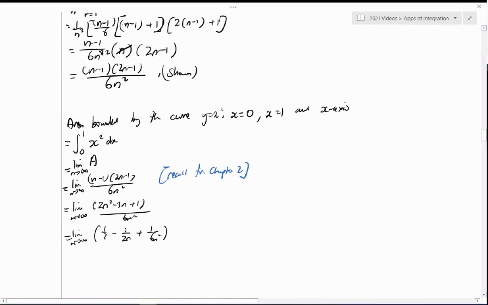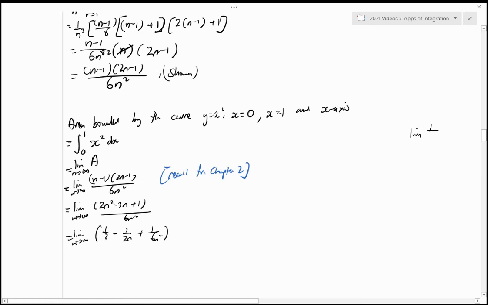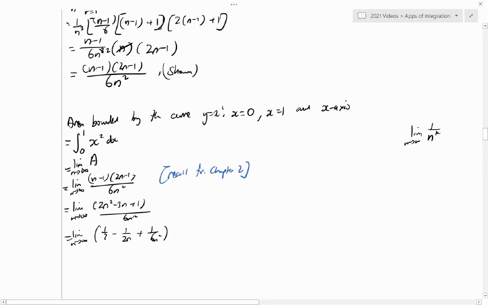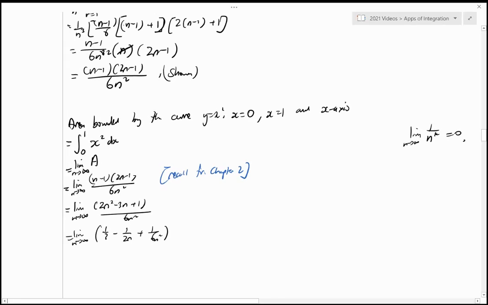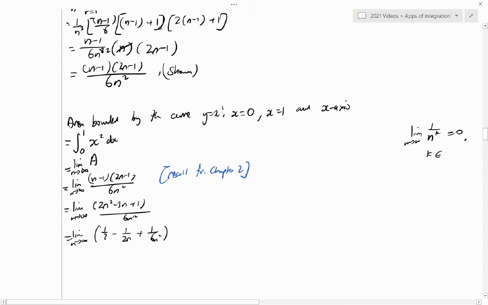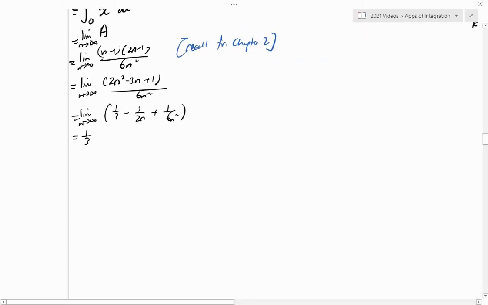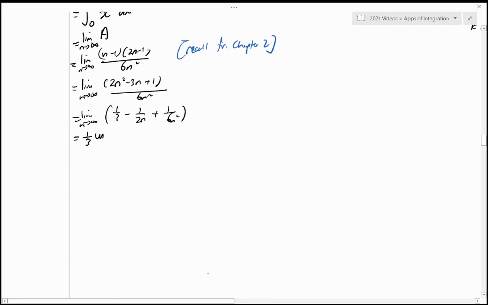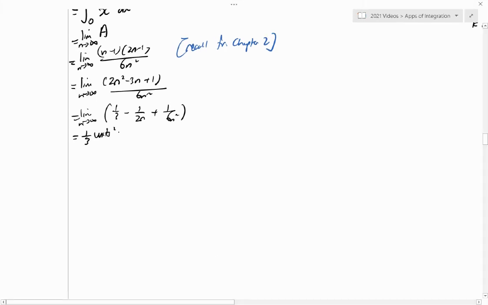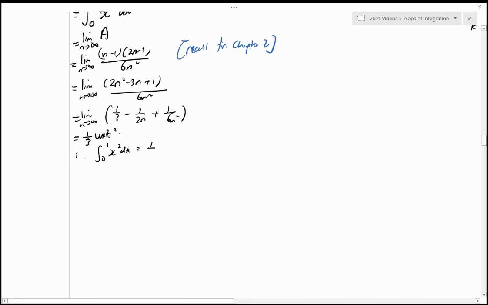Because you know the limit of 1 over n to the power of k, where n tends to infinity, is equal to 0, where k is a positive real number. So then the answer here would be 1/3 square units. So therefore the integral from 0 to 1 of x squared dx is equal to 1/3.